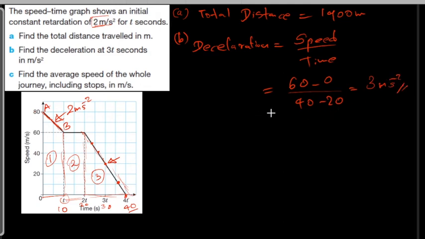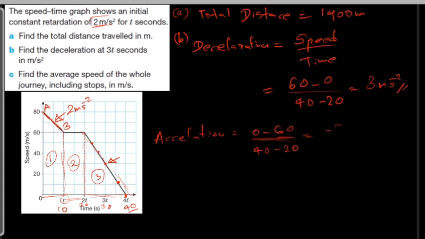Now something important here, some of you might have taken this way. If you find the acceleration for this part, you can write it as 0 minus 60 over 40 minus 20. This is the standard method of getting it.